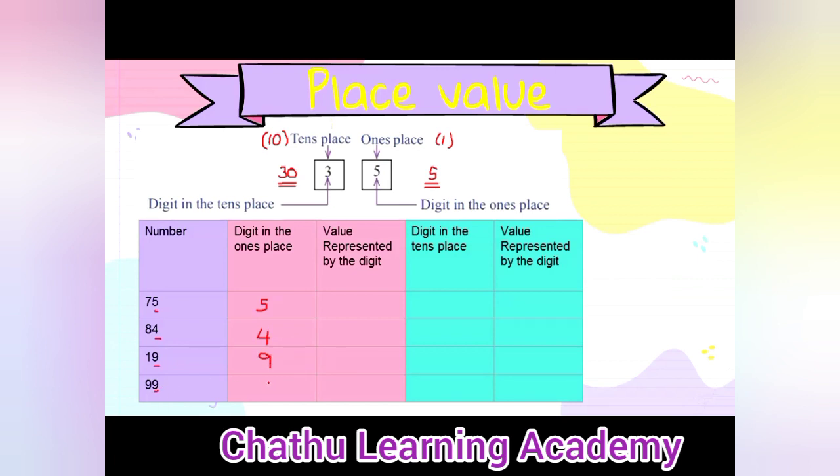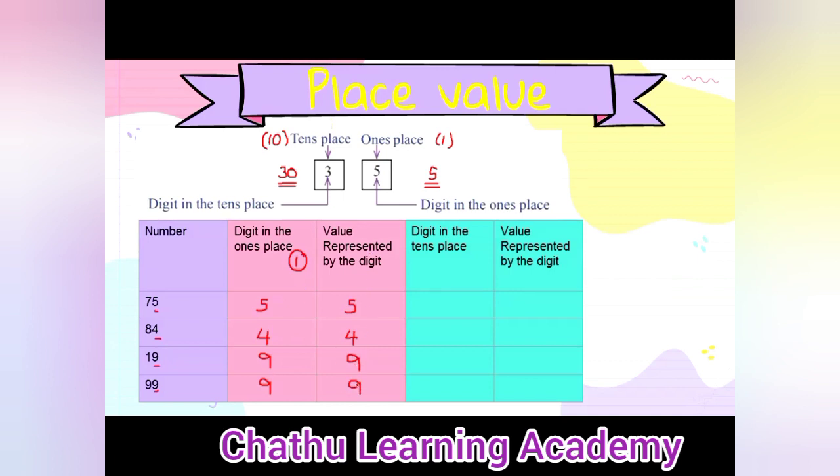Here it's also 9. Then the value represented by the digit. What is the place value of the ones place? It's 1. Then 5 into 1 is 5. 4 into 1 is 4. 9 into 1 is 9. 9 into 1 is also 9.